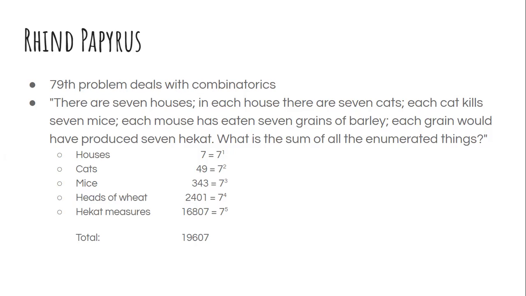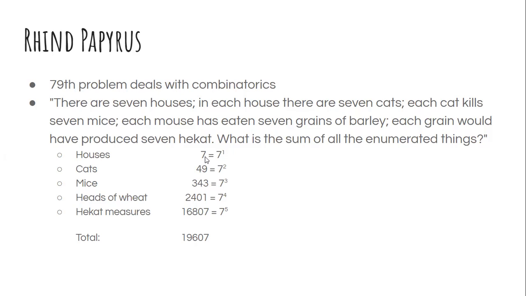I wrote it out, and there are different variations of this, so I included it here, but there could be wheat or barley, so it differs on how it is translated or what is talked about in each different source that I saw. So how they did this: we see that there are 7 houses. We have 7 here, and we'll go down the line.